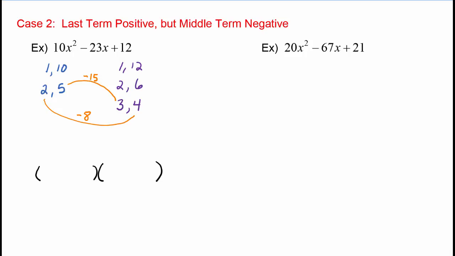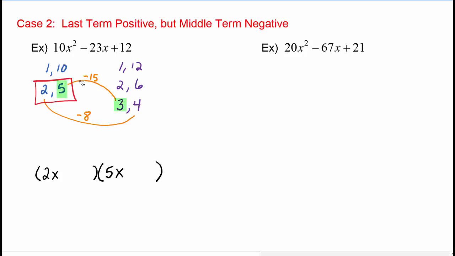And we know that we get the coefficients of the x terms from the first pair. So we have 2x here and 5x here. And then we tie together the factors.